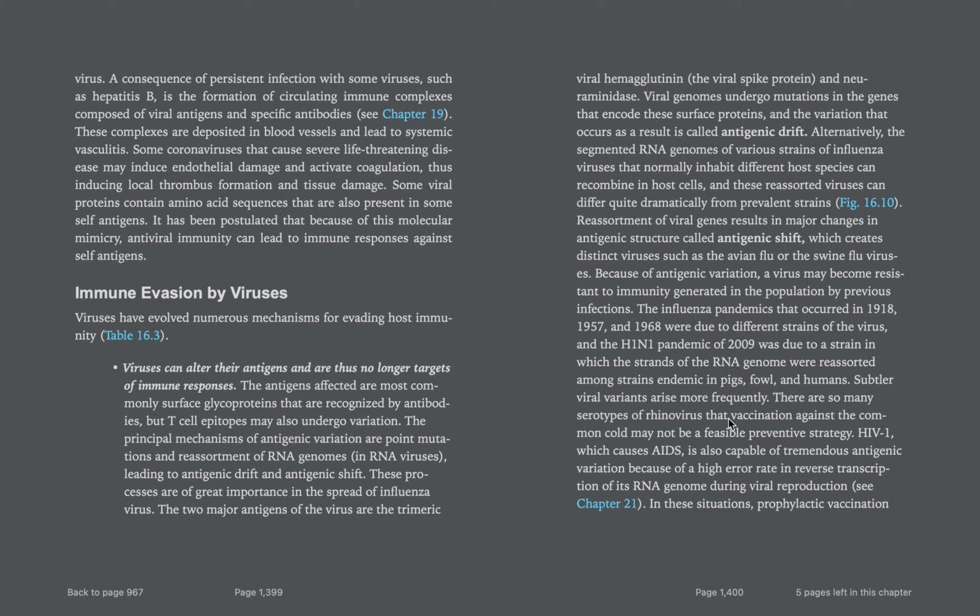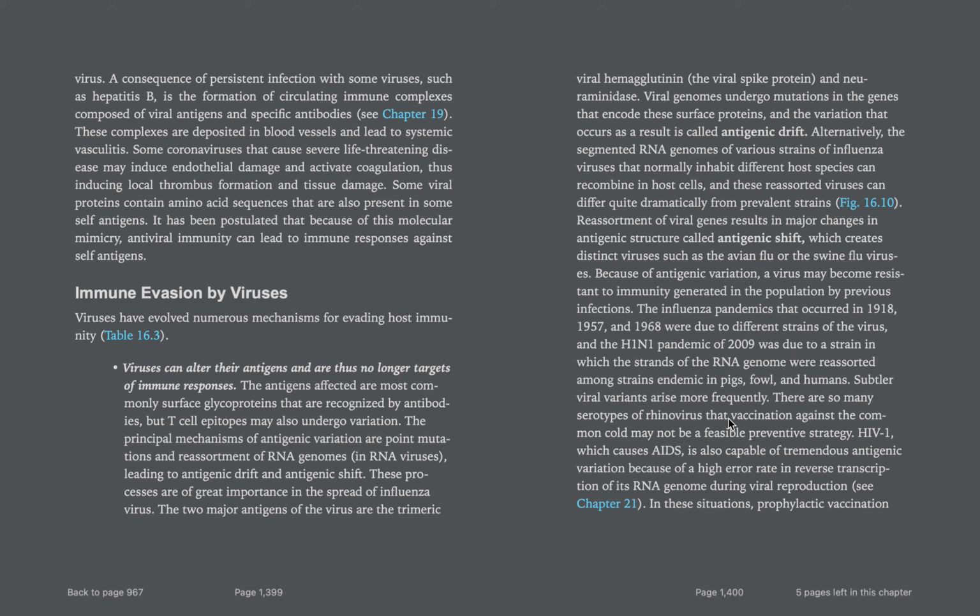Reassortment of viral genes results in major changes in antigenic structure called antigenic shift, which creates a distinct virus such as avian flu or swine flu viruses. Because of antigenic variation, a virus may become resistant to immunity generated in the population by previous infections.